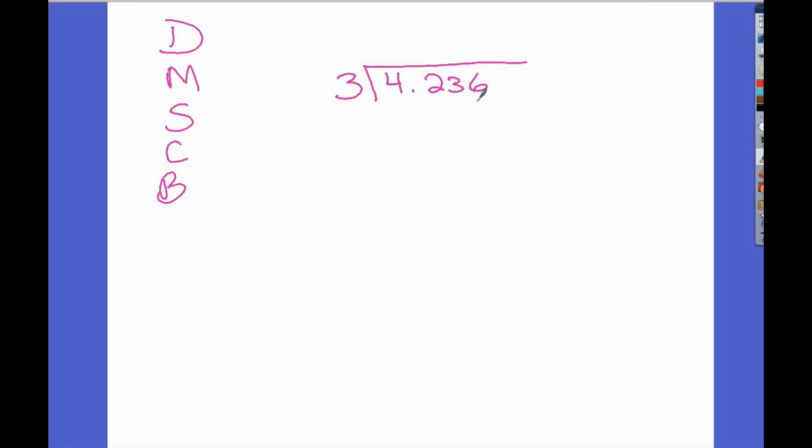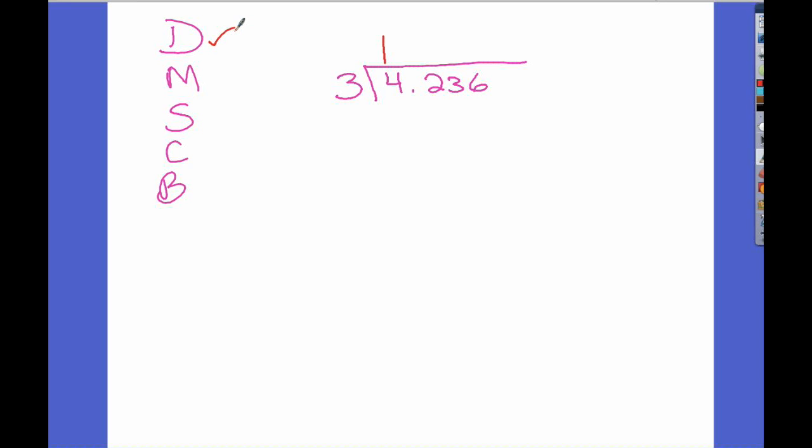Everybody, first thing. Divide. What am I going to divide into? What am I going to take my 3 into? 4. Okay, so how many times does 3 go into 4? So I just divided, so I'm going to put a little check there to remind myself.